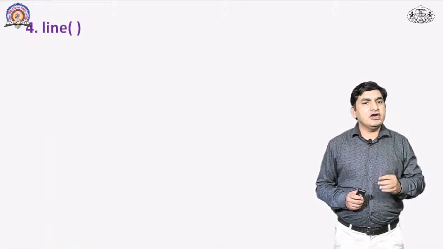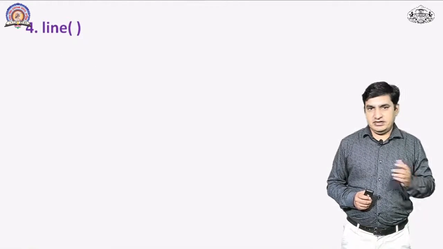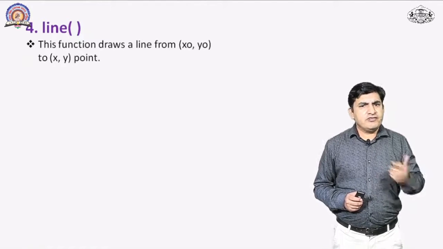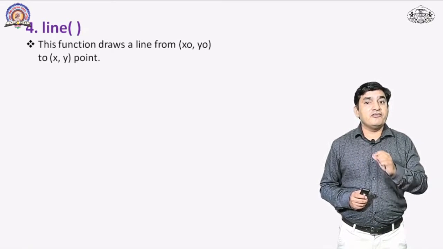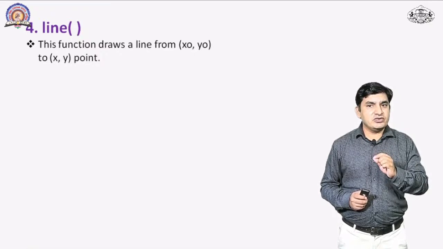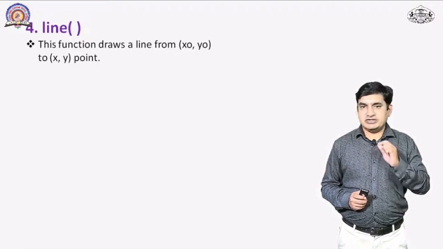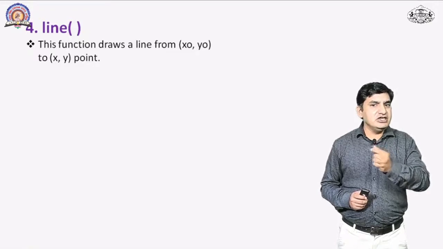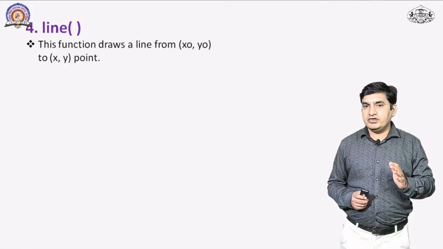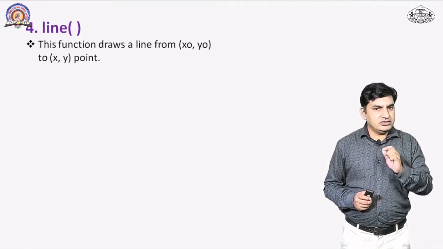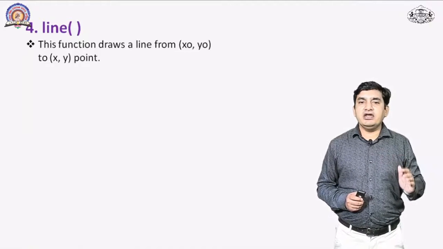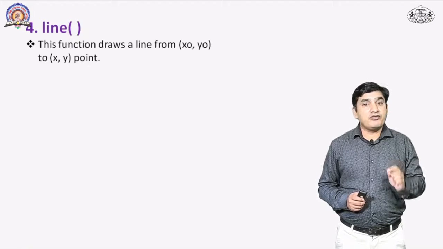Then we have to draw a line. This function draws a line from x0, y0, which is the initial coordinate of the line, to x, y, which is the final coordinate of the line.